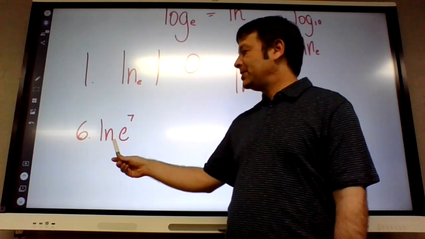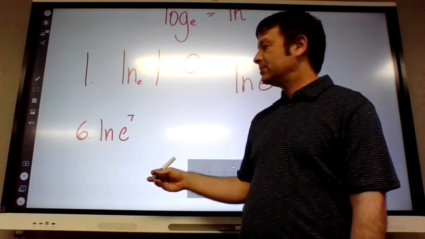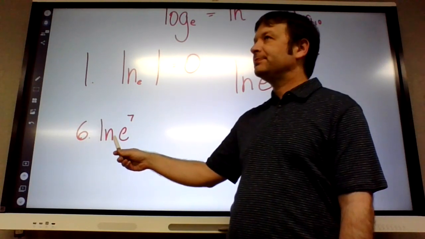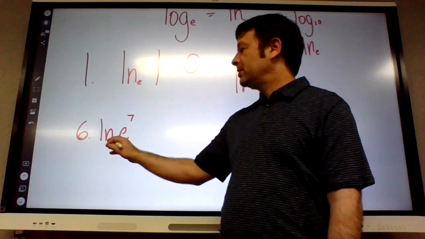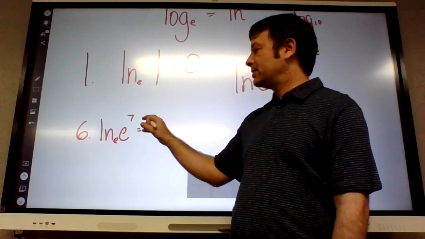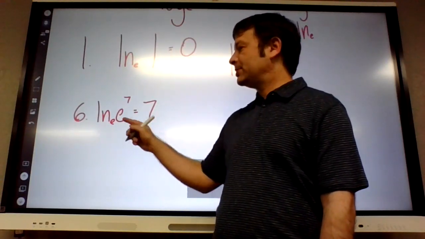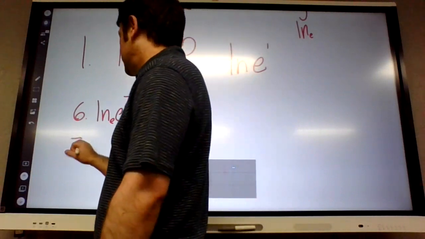E. So this means e to the what power equals e to the 7th? That would be 7. E to the 7th power equals e to the 7th, right? So that would be the answer, 7.